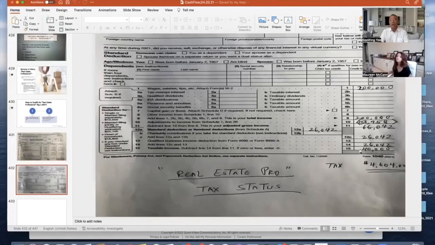Yesterday, as I was producing this presentation, I looked at the tax table, married filing jointly, for somebody making $40,000 of taxable income. The total tax liability for this year is $4,604. Okay, it's not zero taxes. You still have to pay something.